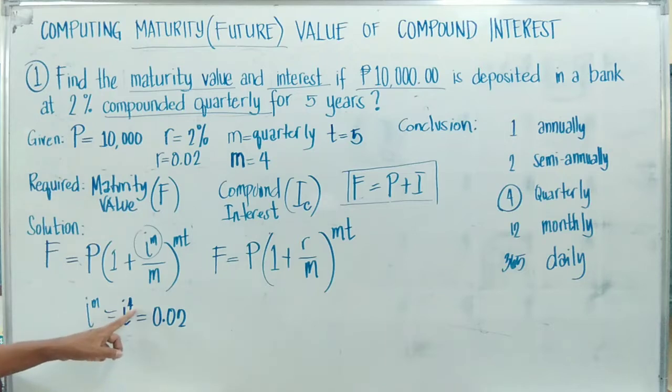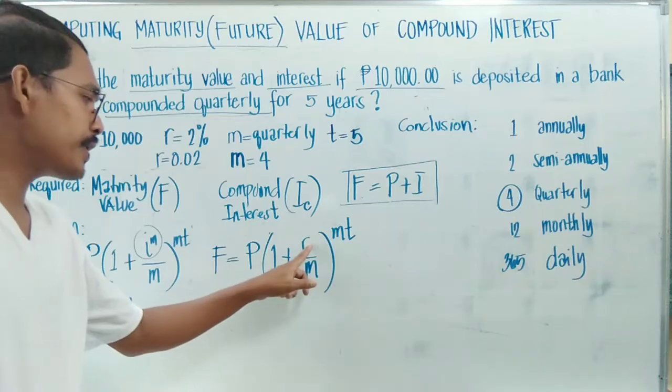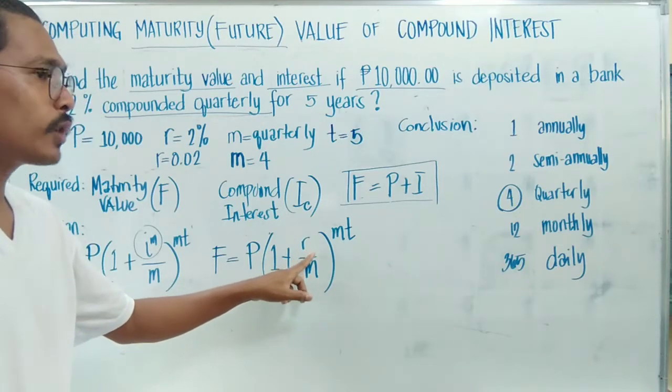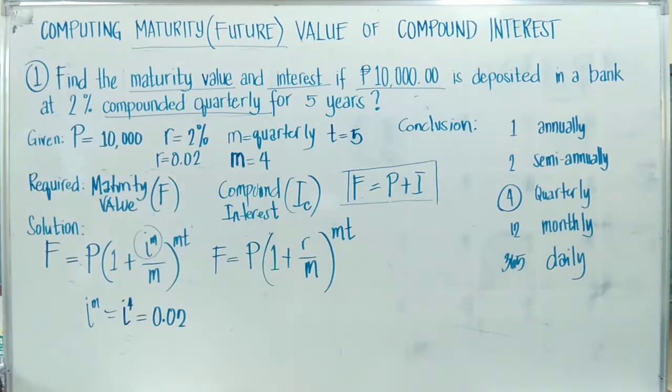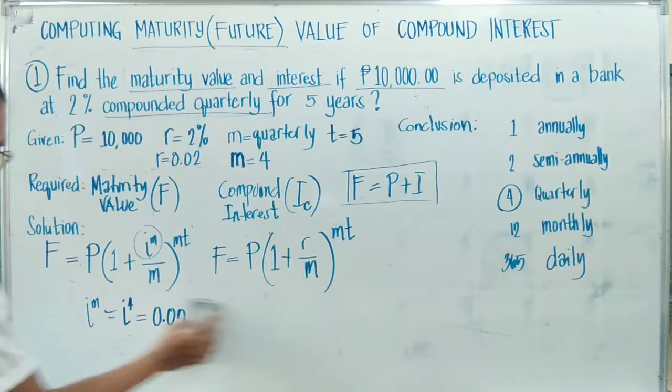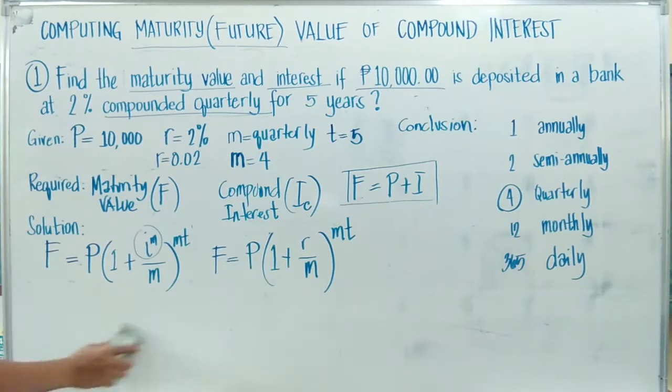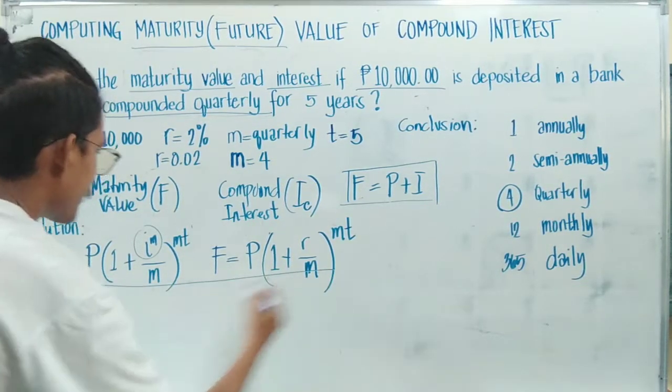And m is 4, right? So we have I raised to 4, or the nominal rate, equal to 0.02. That is why, in my case, I am using r to denote this annual rate to avoid confusion. So it's up to you whether you will use this one or this one. They are the same.